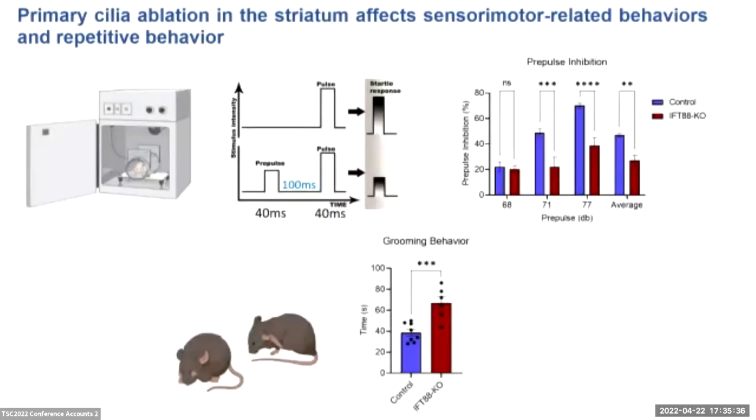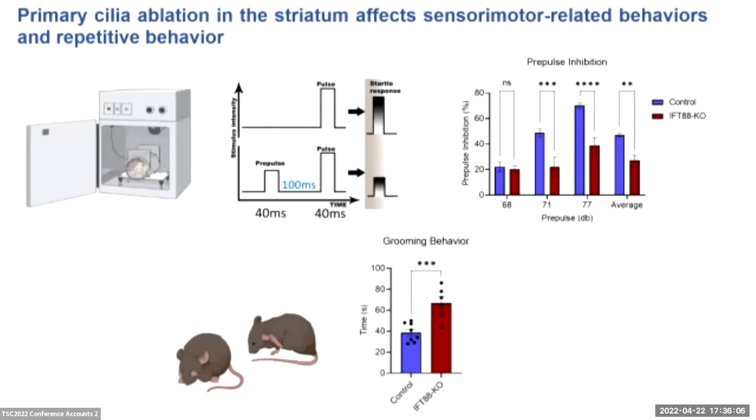Then there is another assay that's very important, and indeed it is used for schizophrenia, because schizophrenia patients show deficits in it. It's pre-pulse inhibition. In this assay, when we are exposed to a pulse, we show a response. However, when exposed to a pre-pulse that's weaker than the pulse, we show inhibition, or our response decreases.